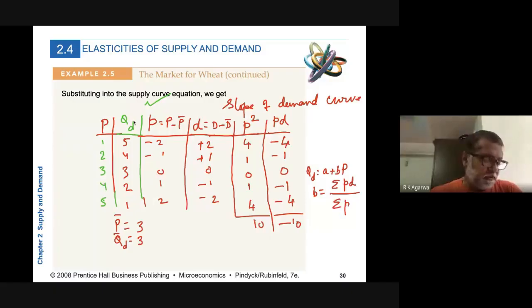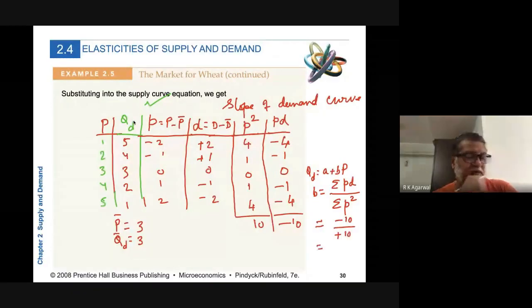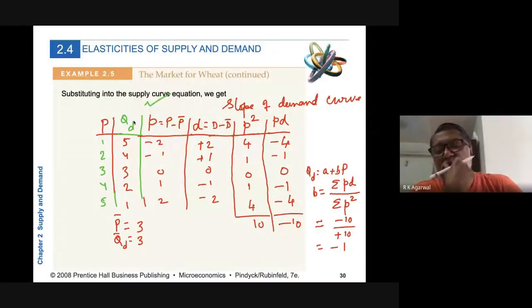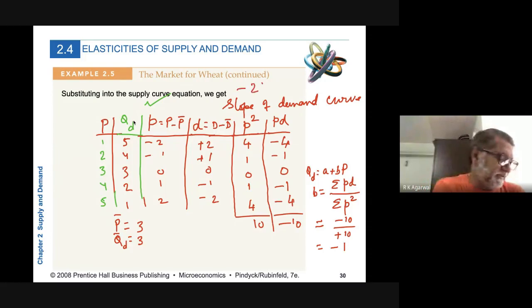So that is equal to -10 divided by +10, which is equal to -1. So B is equal to -1. This is called the slope of the demand curve. So following a rule like this, we must have got that -266, which is the slope of demand curve.